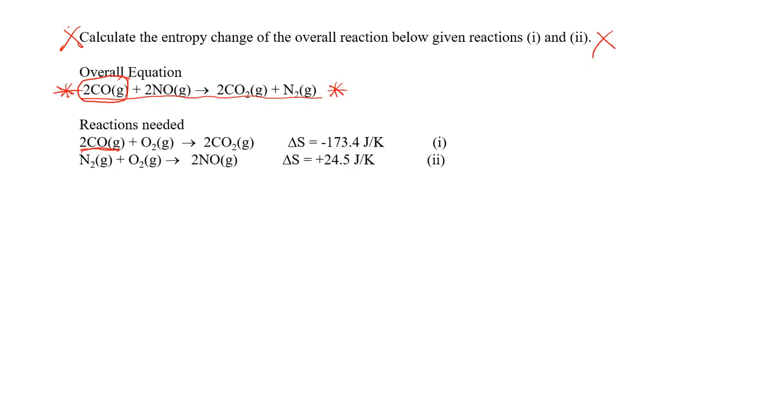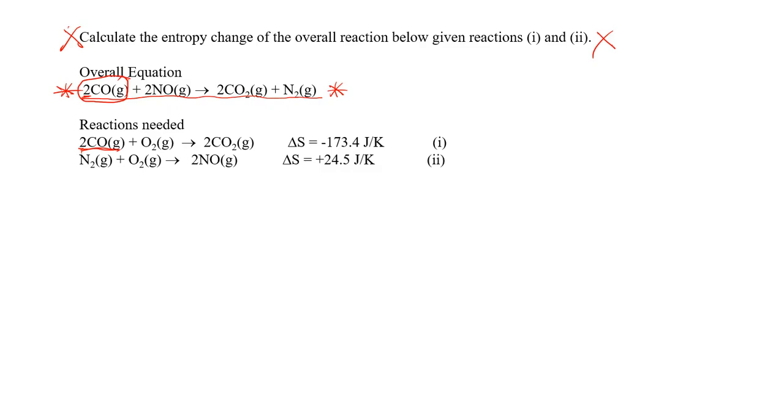The second part is we need to count the number of carbon monoxide present in the overall chemical equation and in equation 1. So the overall chemical equation has 2 carbon monoxide as indicated here. Now our reaction in equation 1 also has 2 carbon monoxide.